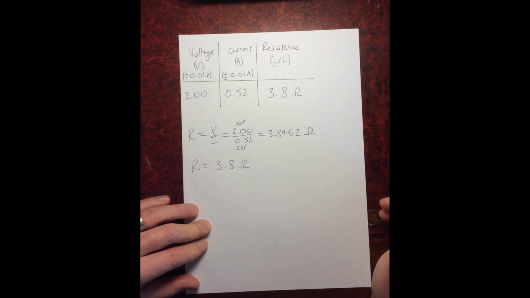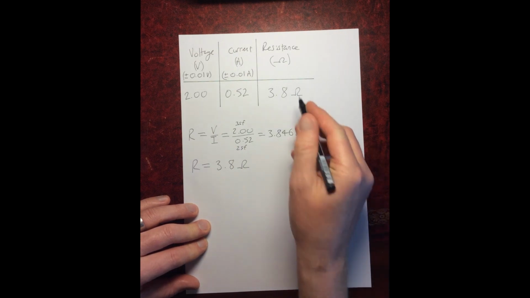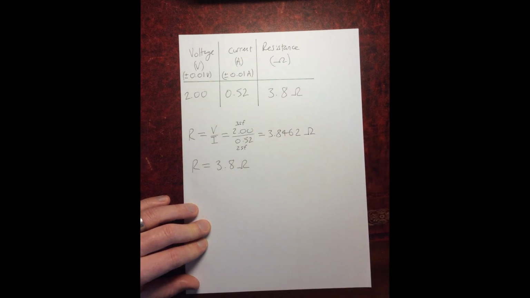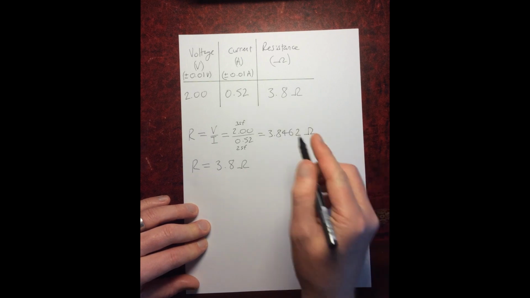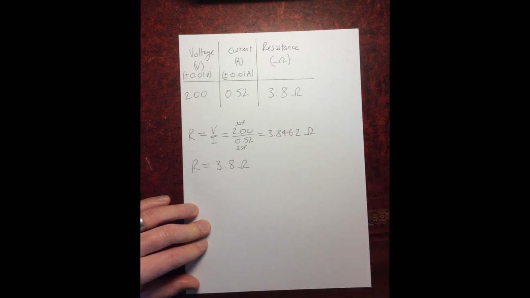If you really want to know, this is a rule that allows us to have a correct ballpark figure in terms of the number of significant figures. If you really want to know what number of significant figures to record it to, and be absolutely certain about the correct number, you'd have to calculate the uncertainty in it.